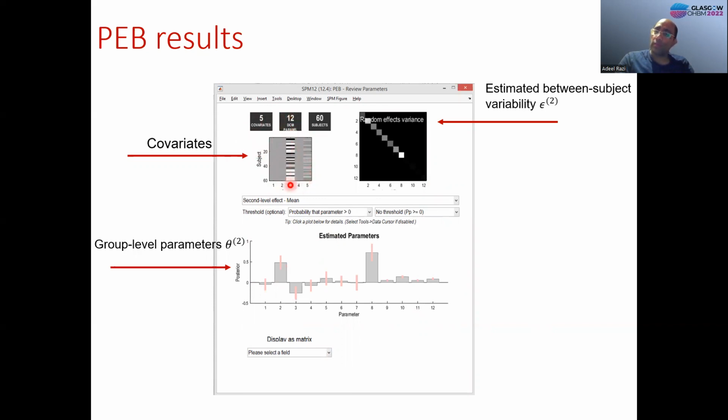There are 12 of them in this one, and how many subjects you included in the analysis. It shows you the group level parameters, which is what we are interested in, and you can choose what level of threshold you want, and so on. So this is basically a summary of second level analysis.